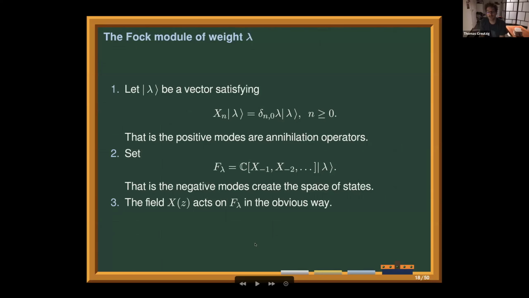Because the field is just given by this sum x_n z^(-n-1), and the modes x_n act on F_lambda as prescribed here. So this means the functions on the real line, or the eigenfunctions for d/dx, are lifted to Fock modules.